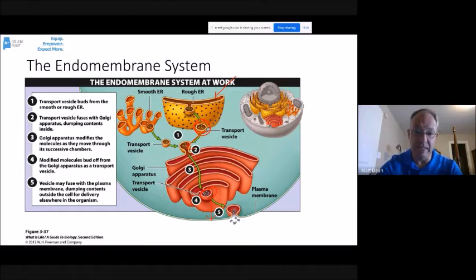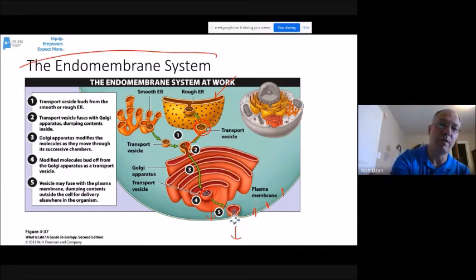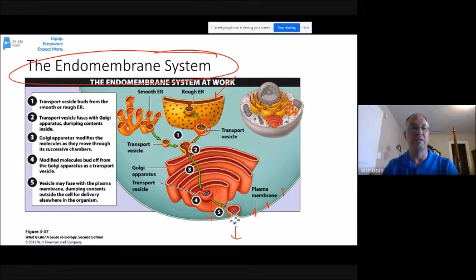The phospholipids in the membrane become part of the cell membrane, help it to grow. And then the proteins that were inside that vesicle are either pushed out or become integrated into the cell membrane. So that's called the endomembrane system. Its job is essentially to make and transport proteins throughout the cell and eventually out of the cell.